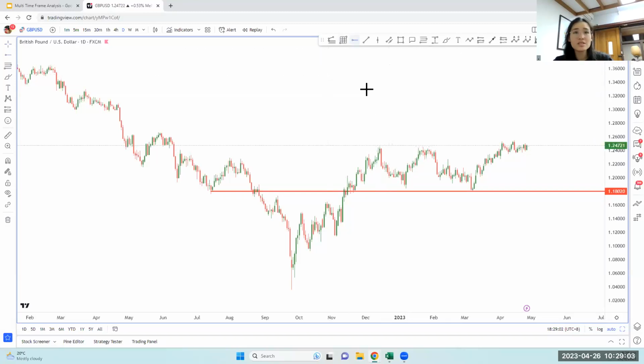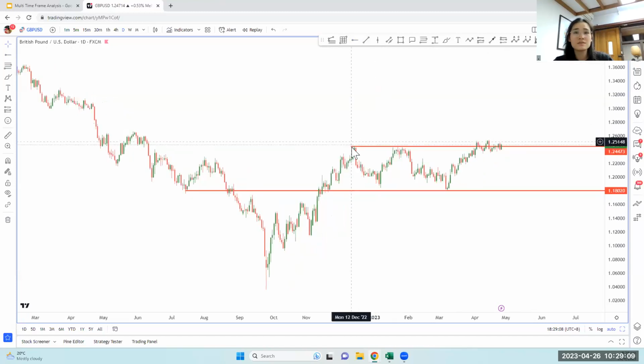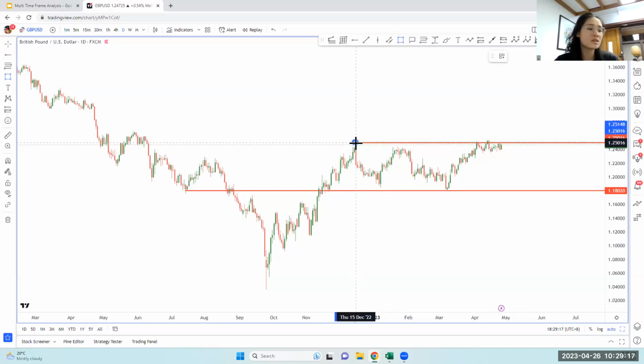And we can see price currently testing this resistance level here. Okay, this whole area.